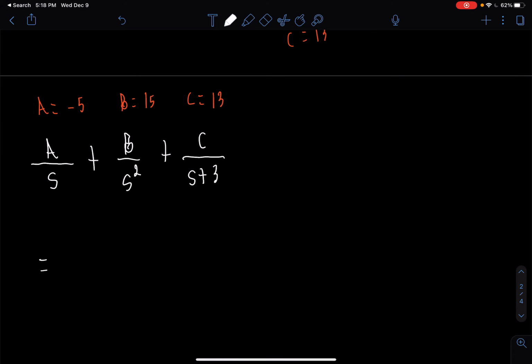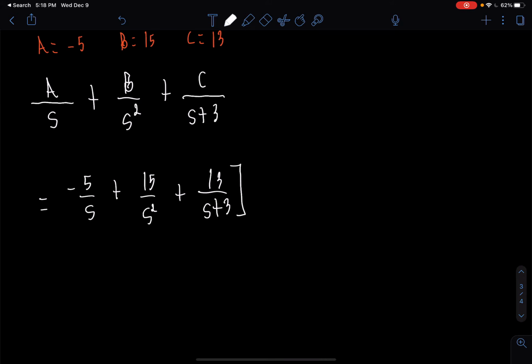So we can have negative 5 over S plus 15 over S squared plus 13 over S plus 3. Now we need to take the Laplace inverse. Oops, I wrote it backwards. We need to take the Laplace inverse of this given part right here.